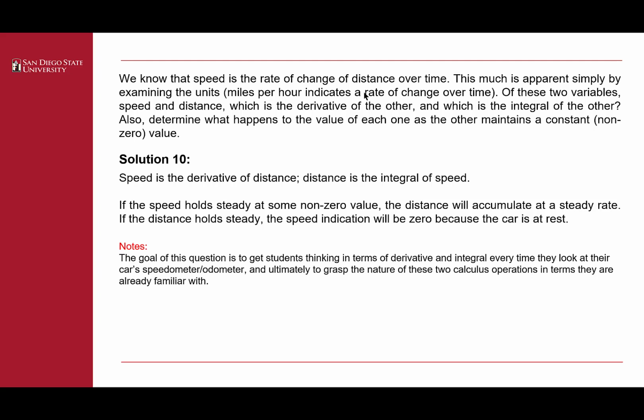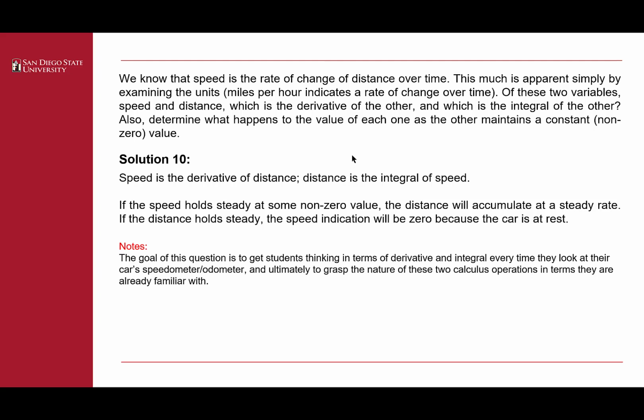Of these two variables, speed and distance, which is the derivative of the other and which is the integral of the other? Also determine what happens to the value of each one as the other maintains a constant or a non-zero value. The answer is speed is the derivative of distance and distance is the integral of speed.